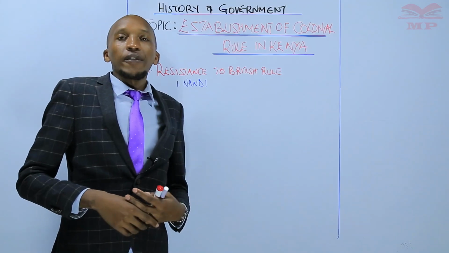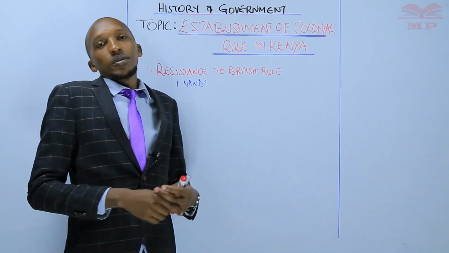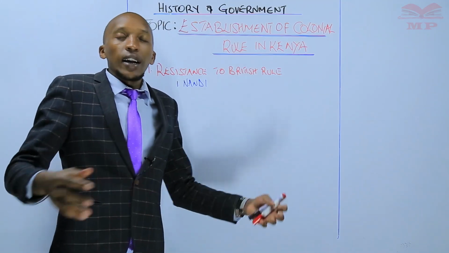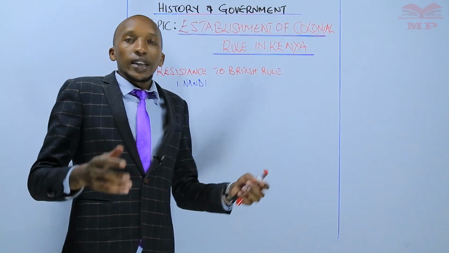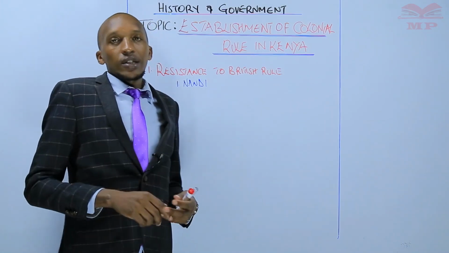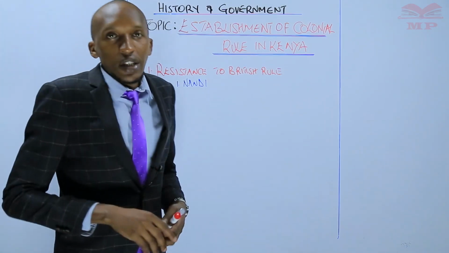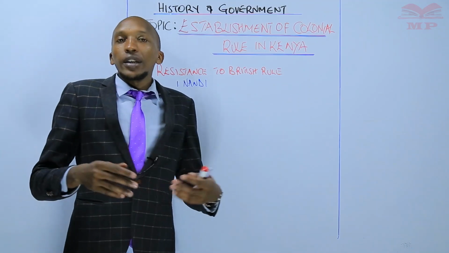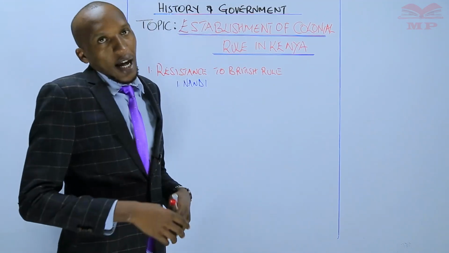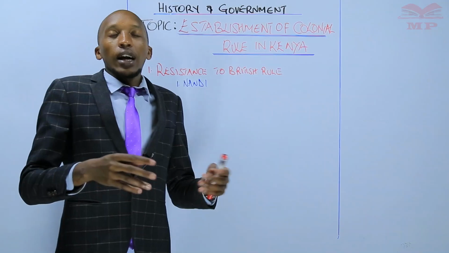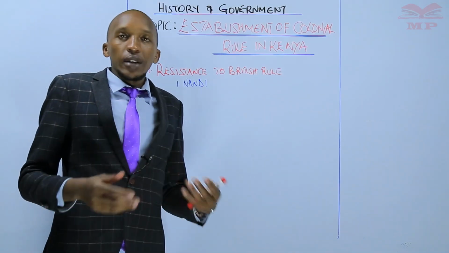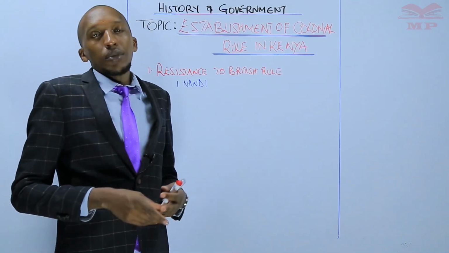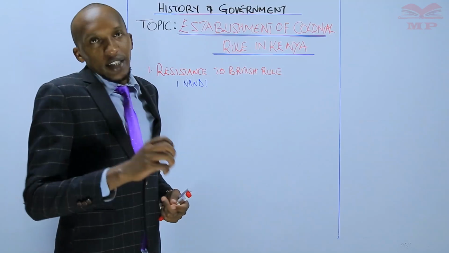Also, they had very strong leadership that galvanized the people and encouraged them to fight against the British. Then the other reason is that they did not like the color of the British. They were considered to be like devils.